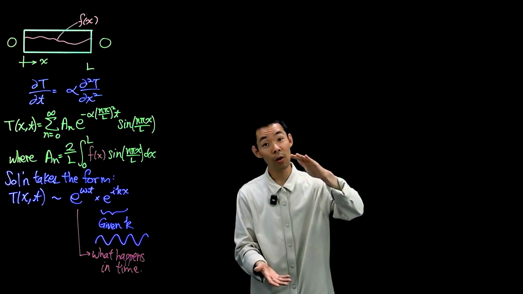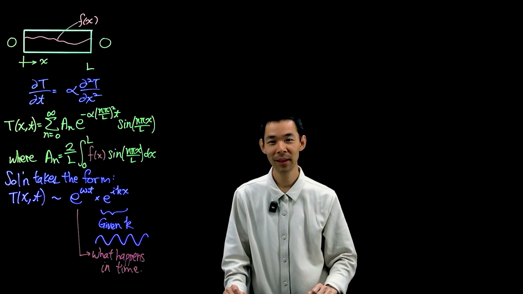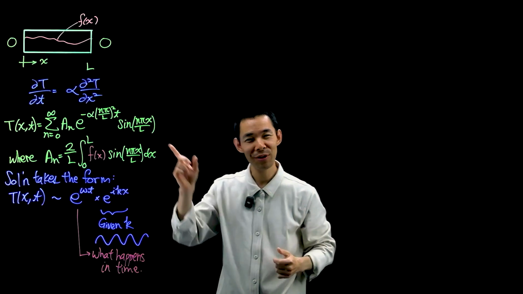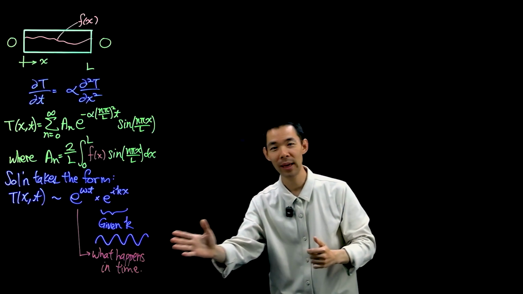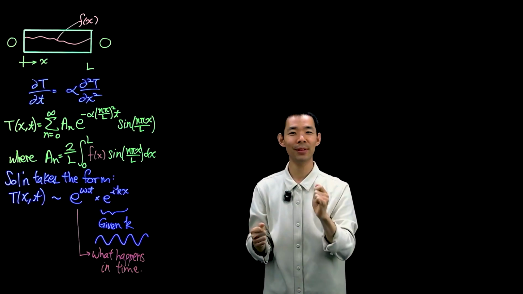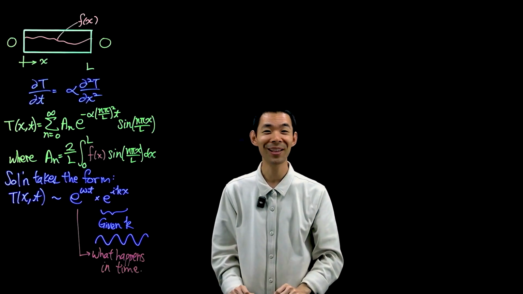Does that wave grow? Does that wave decay? What happens to that wave? So I'd like to change your mindset of how you think about separation of variables solution in this way. Waves. The entire world is made up of waves. We want to know what happens to those waves in time. That is what this structure is posing.